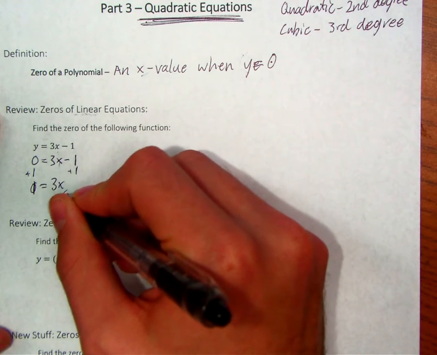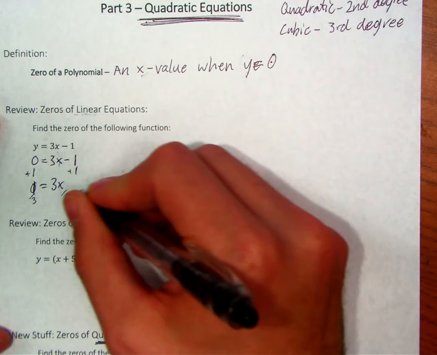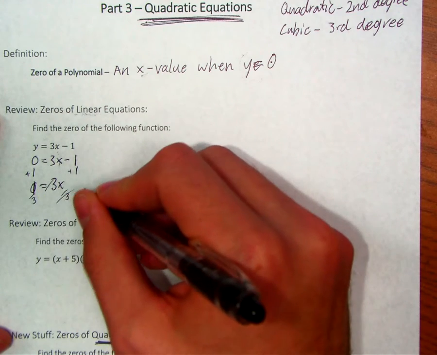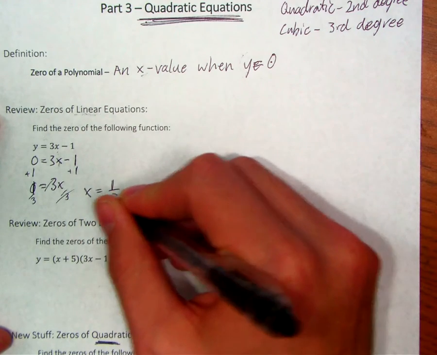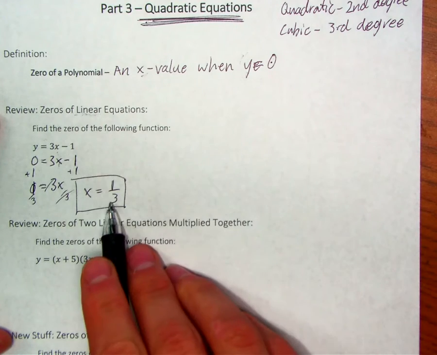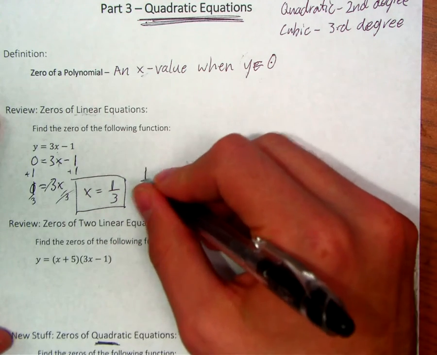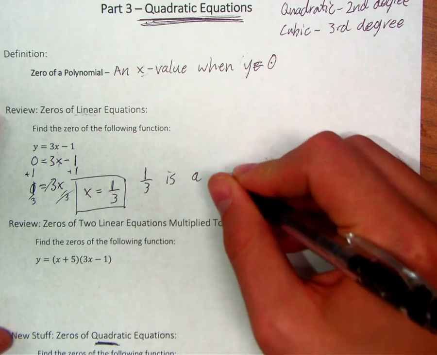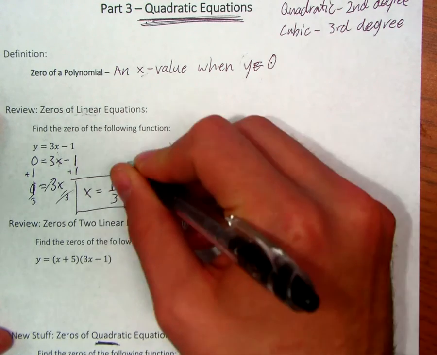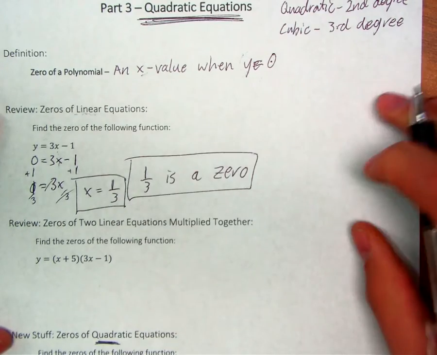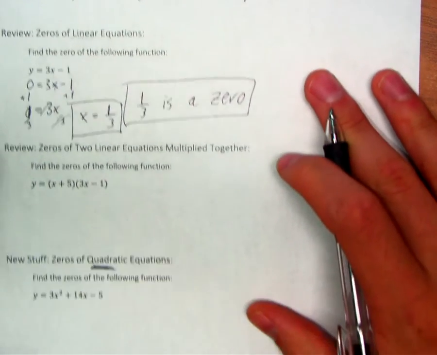I can divide both sides by 3, and what you find is that x is going to equal 1/3. Okay, so we found our x value when y equals 0. That means 1/3 is a 0. Okay, simple enough. That was from our first video on this subject.